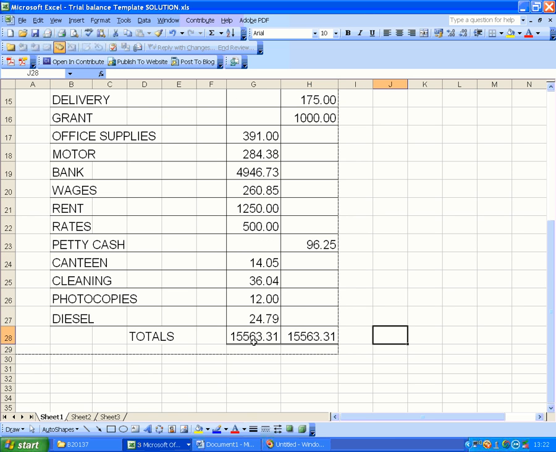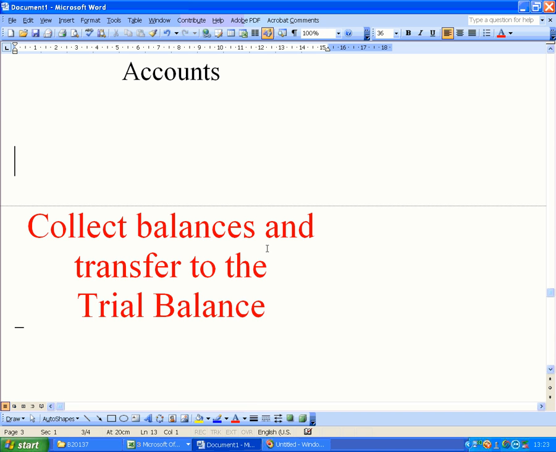And we will see that the total of the debit balances equals the total of the credit balances, and this will confirm that your postings and your bookkeeping process is in a correct procedure. This is where we demonstrated how to collect balances and transfer these to the trial balance.